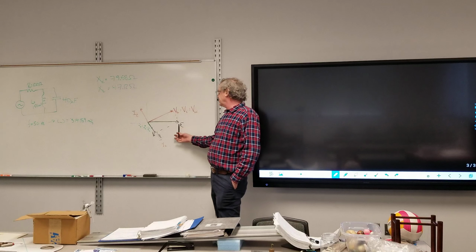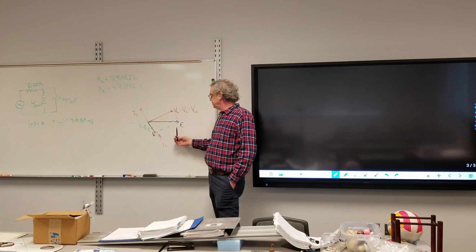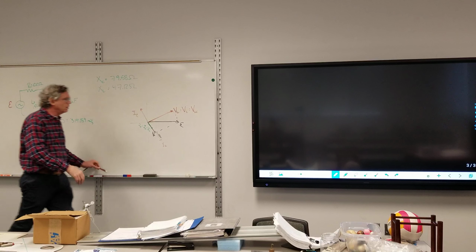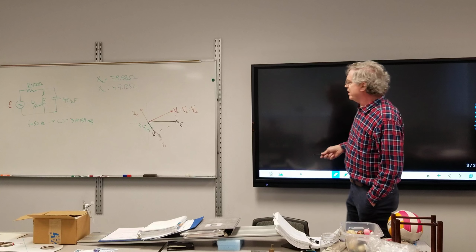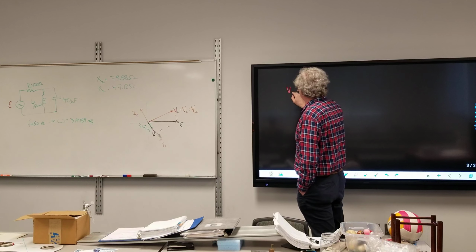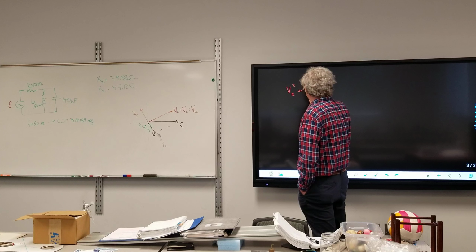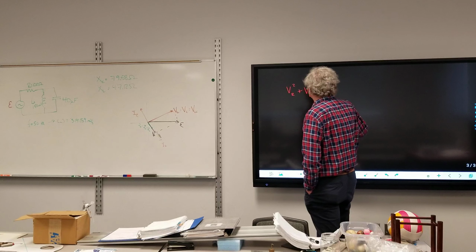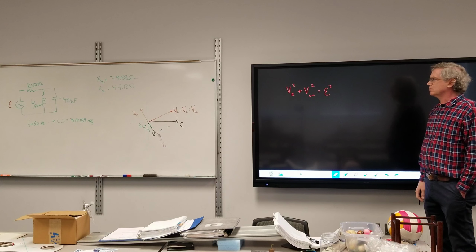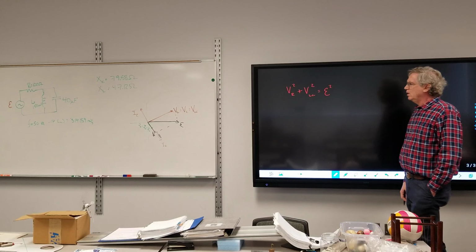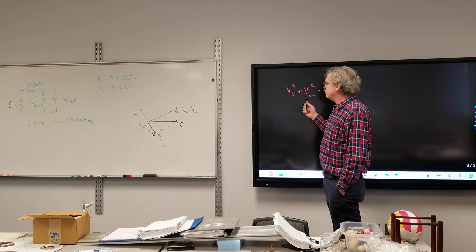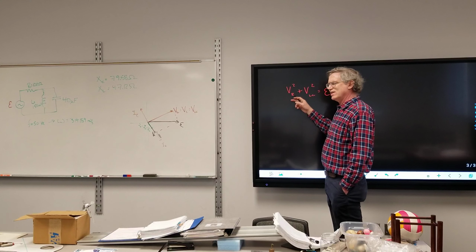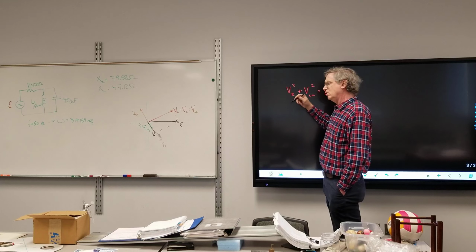All right, so to get the EMF of the power supply, which I should label over here, we had to use the Pythagorean theorem, so VR squared plus VLC squared equals epsilon squared. Now I know that the current across the resistor is not the same as the current flowing across the inductor or the capacitor.